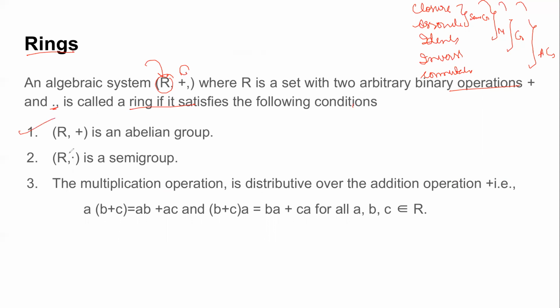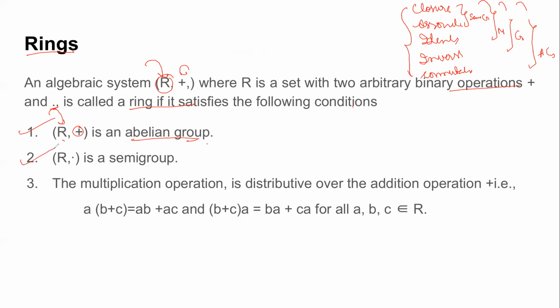First, R with the addition operation should be an abelian group. That means it should satisfy all these five properties: closure, associative, identity, inverse, commutative.